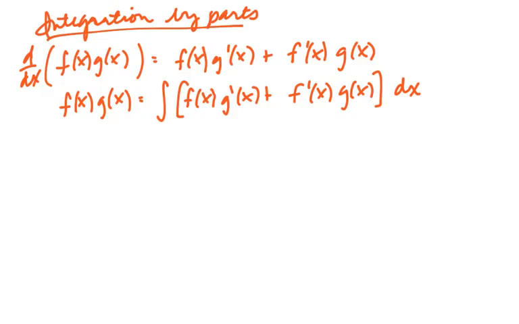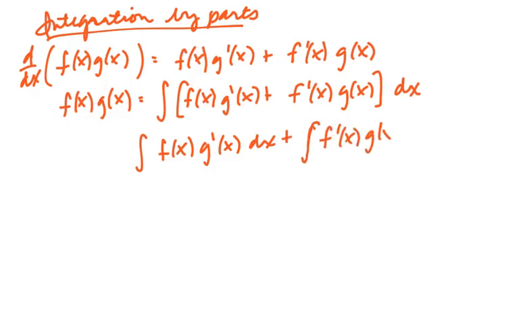So we can split this. We have the integration of f of x, g prime of x, dx, plus the integration of f prime of x, g of x, dx. And all we did is split the integral, so this still equals f of x, g of x. But that notation is going to be helpful in a minute.